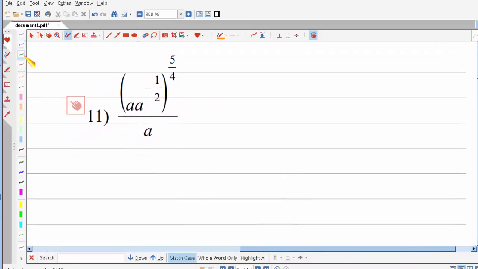All right, this one looks a little more complicated. So I have parentheses, so I need to do power of a power. So I distribute the exponent in the numerator, and I get a to the 5/4 because I'm multiplying 1 times 5/4 is 5/4, and then that's a. So when I do power of a power, I multiply fractions.